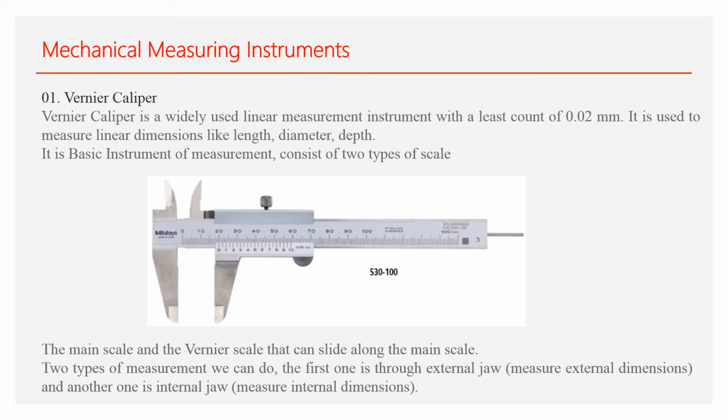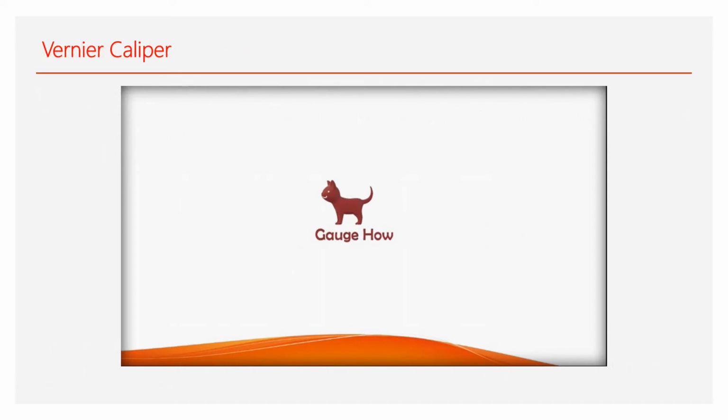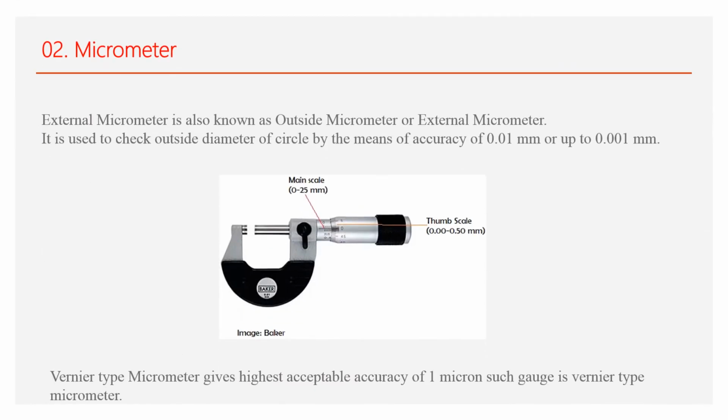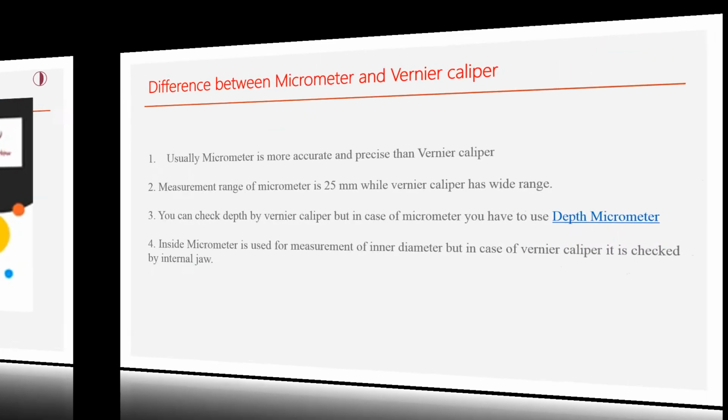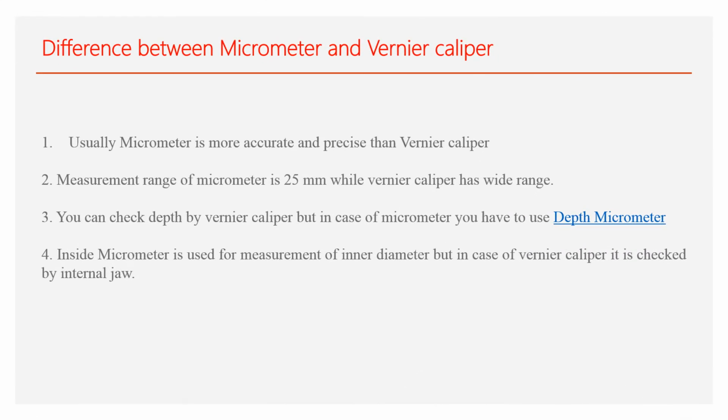In the previous lecture, we discussed the Vernier caliper and micrometer, and we also discussed the difference between the micrometer and the Vernier caliper.